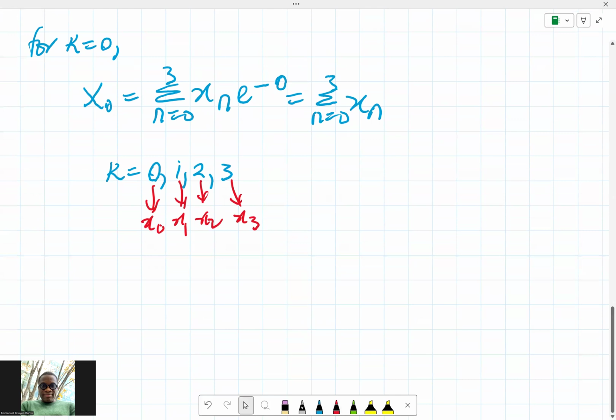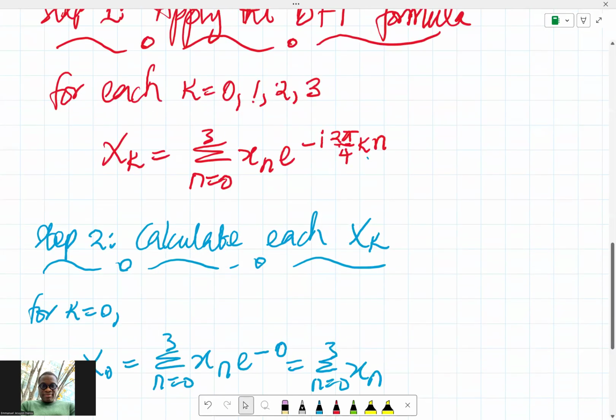So it means then that big X naught is equal to, okay, this is from 0 to 3, right? Let me see the formula again.